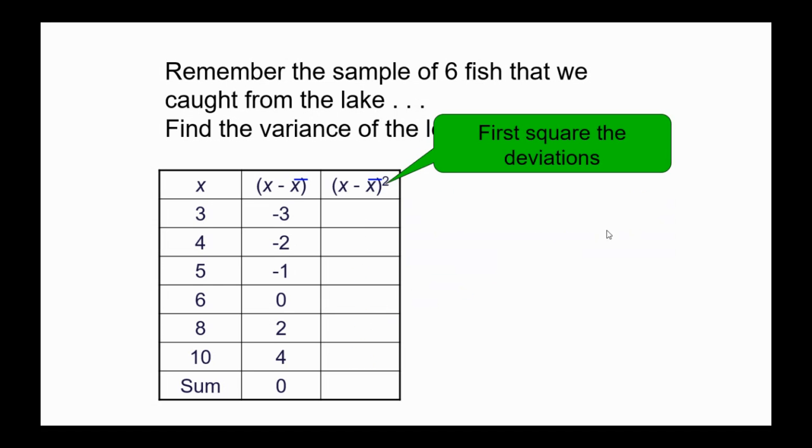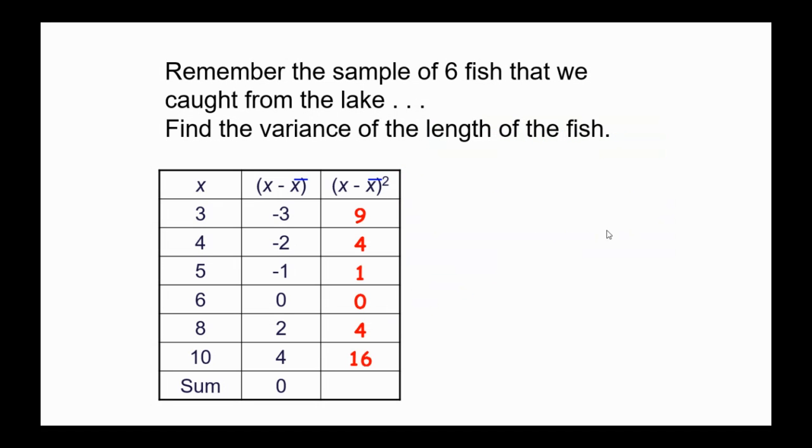Negative 2 squared? 4. Negative 1 squared? 1. And so on. So we just went through and squared that middle column. Now add them all up. We're calculating the variance. That's what we're in the process of doing.